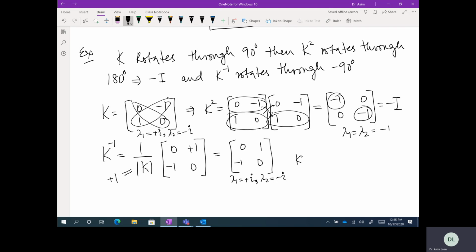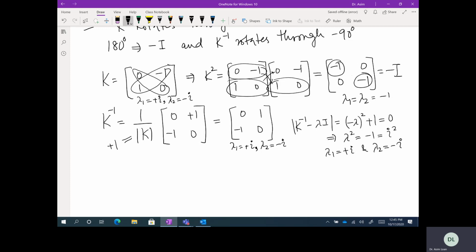Why? Because the determinant of K inverse minus lambda I is simply lambda square, and minus plus lambda equals 0, which implies lambda square equals minus 1. Maybe I write it in another way so that you are familiar with. This is minus lambda whole square. So this is equal to iota square, or lambda 1 equals plus iota and lambda 2 equals minus iota.